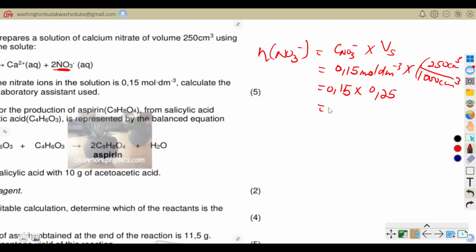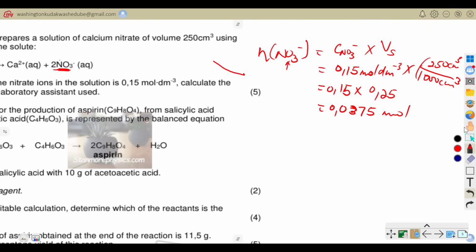This is going to give you the number of moles equal to 0.0375 moles. Now we have the number of moles of nitrate ions in that solution.